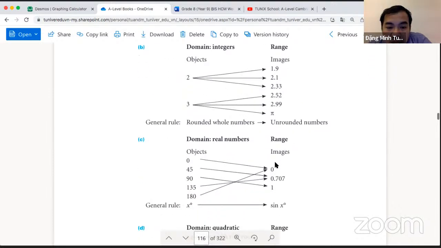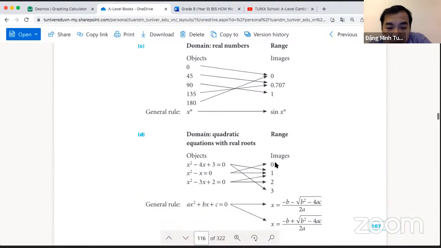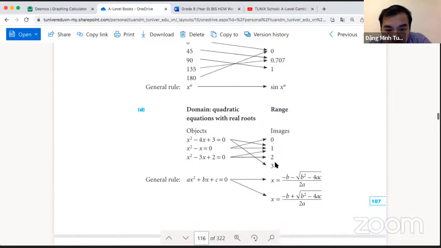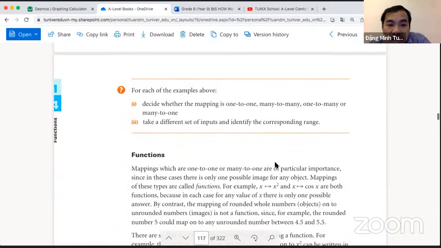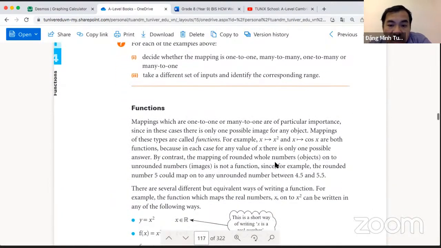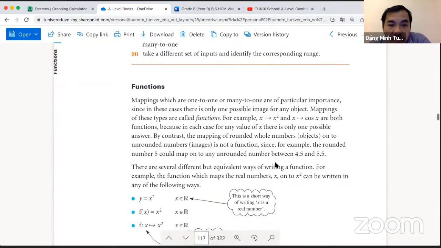All of this shows a lot of connection between the domain and the range. Now we conclude that if you map one to one, or many to one, we can simplify.